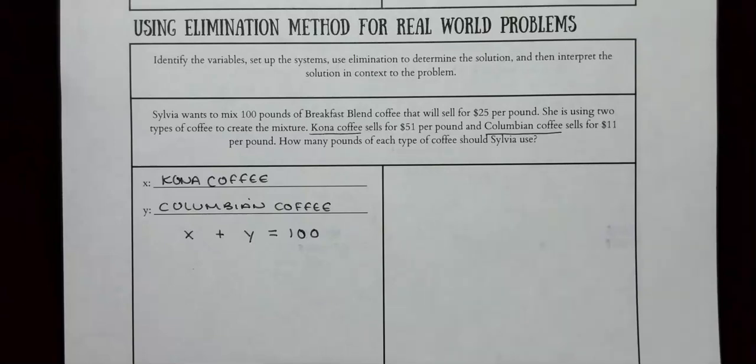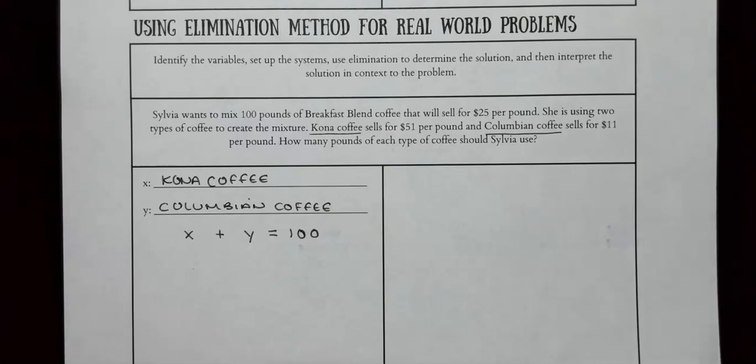But we know that they need to add up to 100. So that's your first equation. This is beautiful because this kind of equation right here, you can use it for substitution. You can also use it for elimination because they have ones, and ones is easy to manipulate.